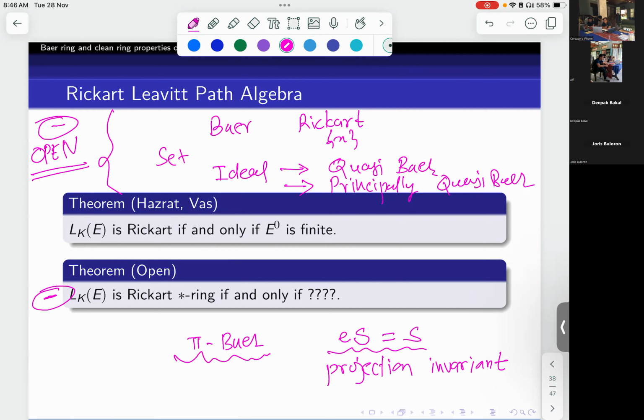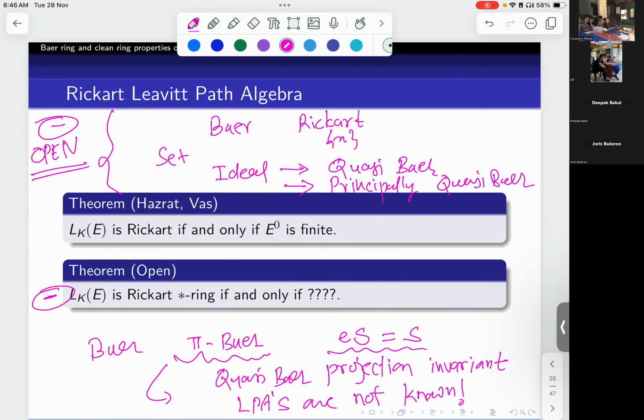So this sits between the Baer and quasi-Baer properties. Only the defining paper has come out, but LPAs are not known. So this could be of interest to us. These are the questions that I propose.